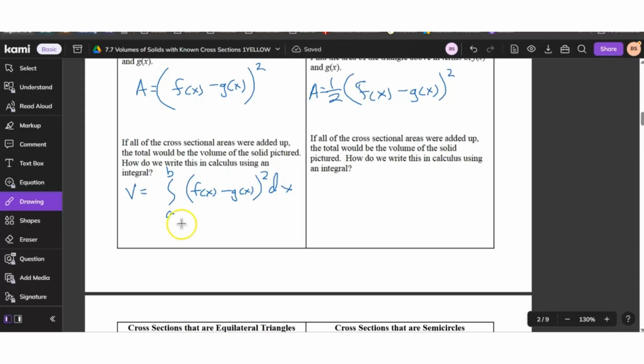In this case, the one thing we should probably try to remember is that A and B are the x coordinates of the intersections.